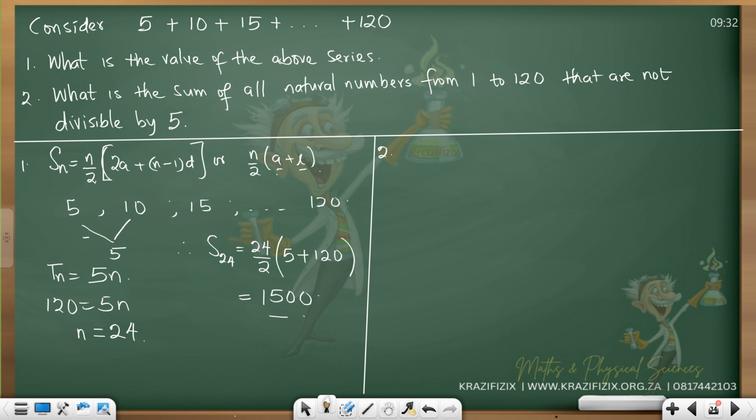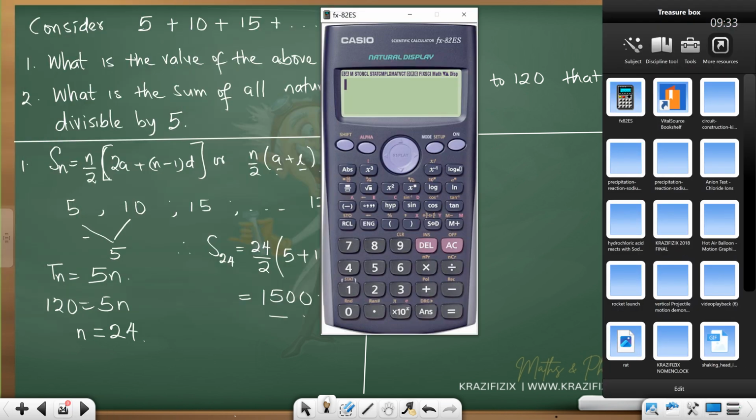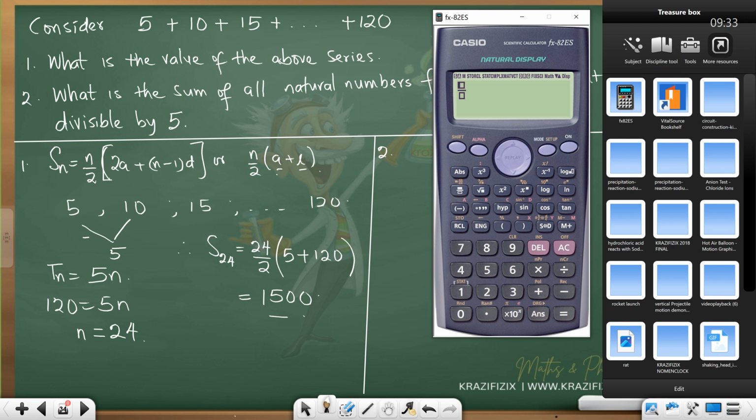Are we okay with that? Yes, Valerie, the last term. But you can also use that first one, you'll get the same answer. Okay, I want to write it down, just follow my calculator. Sn is 24 over 2, open bracket, 2, open bracket, my a is 5, plus, there are 24 terms, so 24 minus 1, close bracket, and the difference is 5.